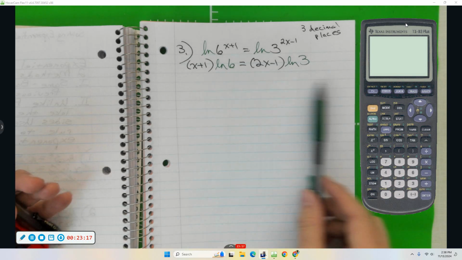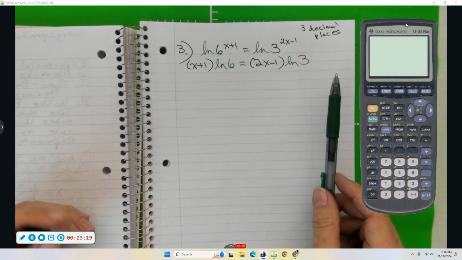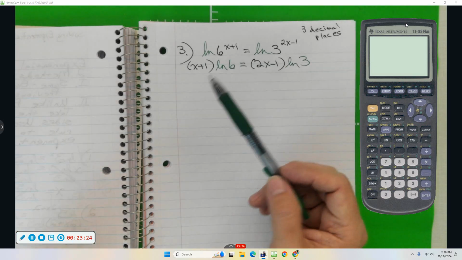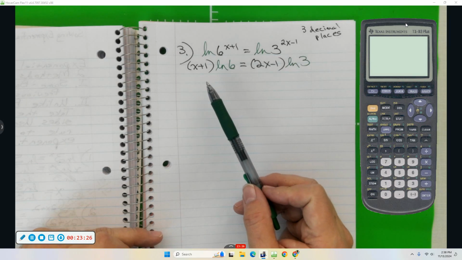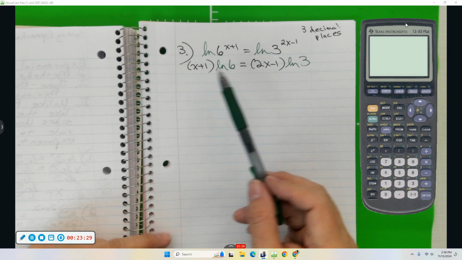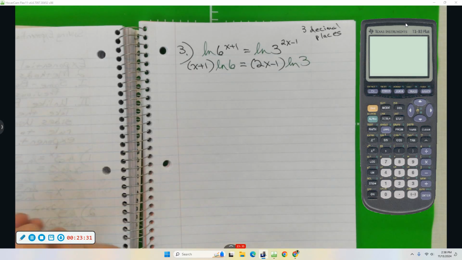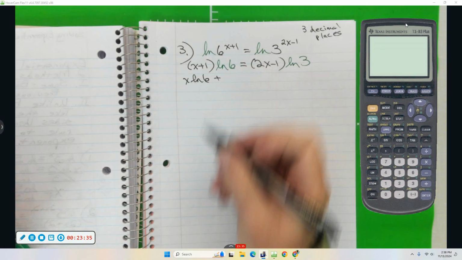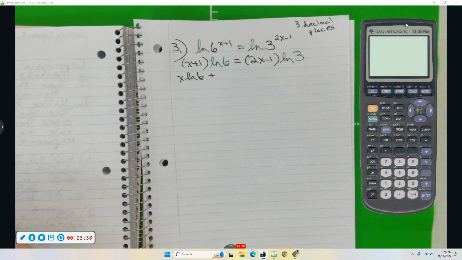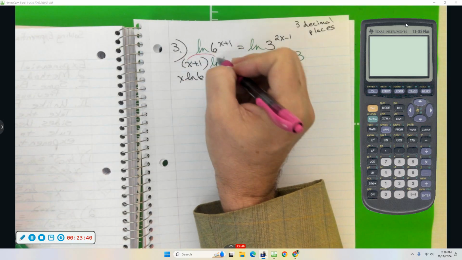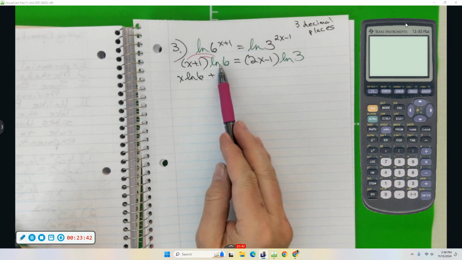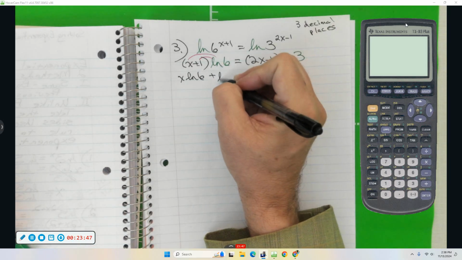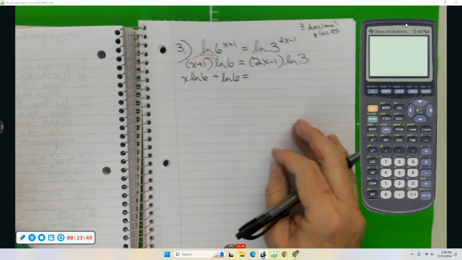Now we have to get rid of the parentheses. We distribute, and once again, when you're distributing, do not get creative. X times ln 6 is just x ln 6 plus 1 times ln 6. I'm distributing the ln 6. 1 times anything is anything, so just an ln 6 equals.